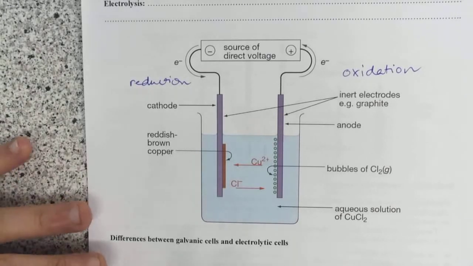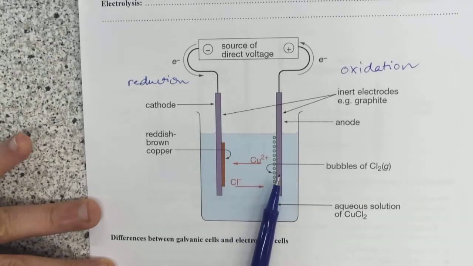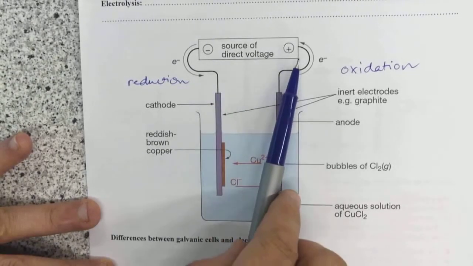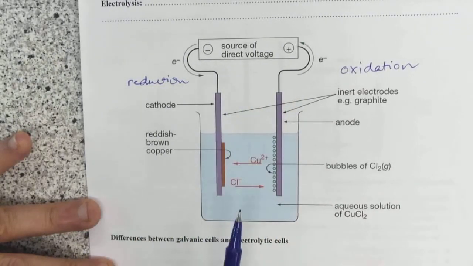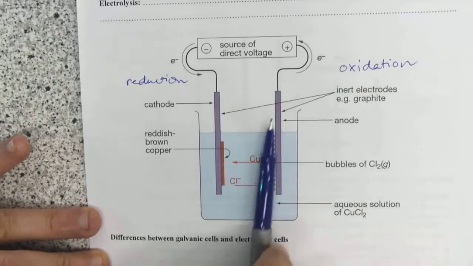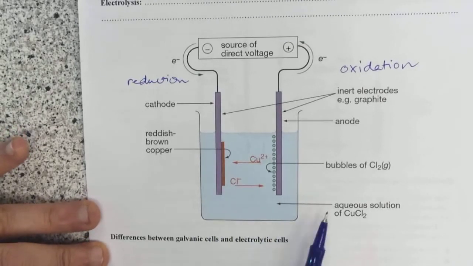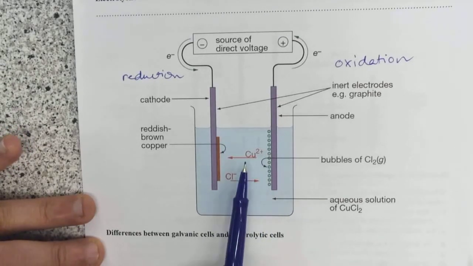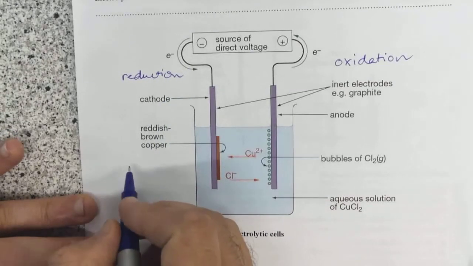Another difference for how it operates: you turn it on, and the source of direct voltage starts pumping electrons from the anode to the cathode, which means that we end up with a very negative electrode and a very positive electrode. What happens now is the things in the solution, an aqueous solution of copper chloride, the copper ions start migrating towards the negatively charged electrode, the cathode, and we have a reduction.